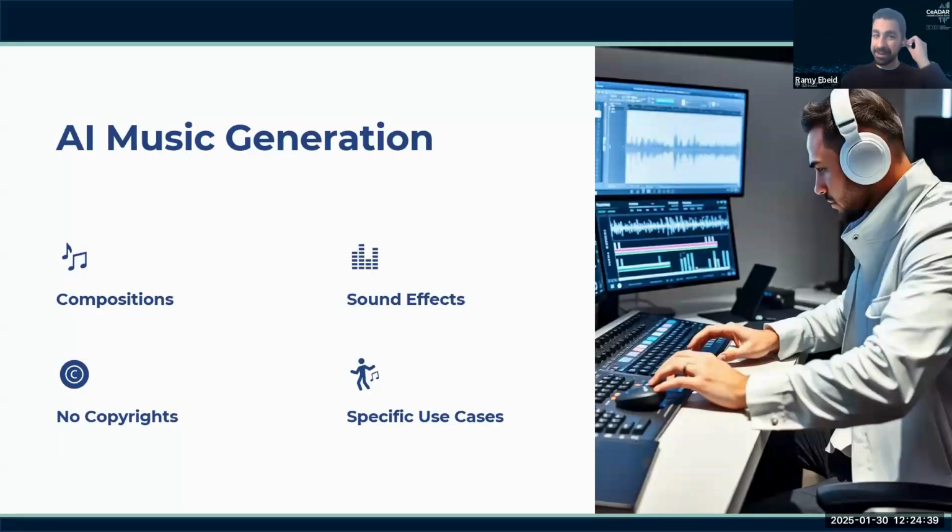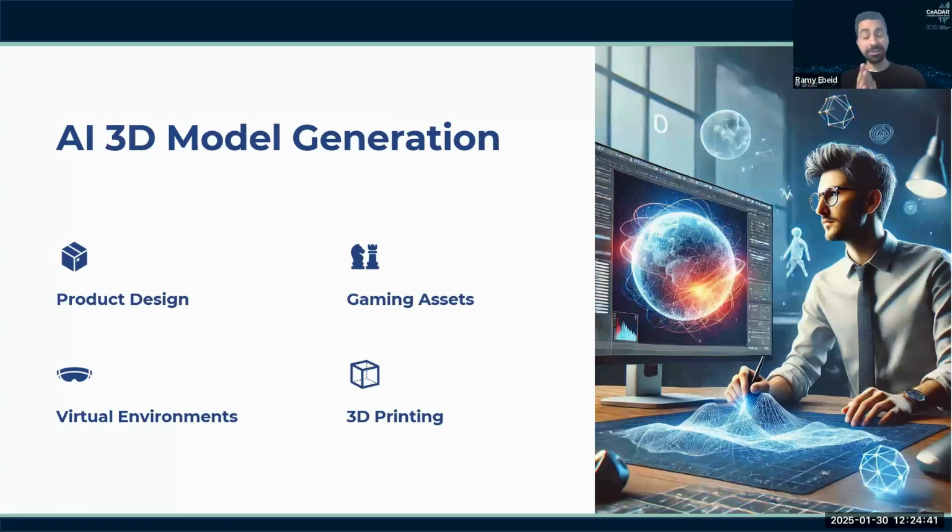Okay, next is 3D model generation, which is fascinating. For product design, gaming assets, or virtual environments, AI can now generate 3D models from just simple textual descriptions or rough sketches. This capability reduces the barrier to entry for 3D content creation, cutting down on the time and skill needed to produce detailed and accurate models.